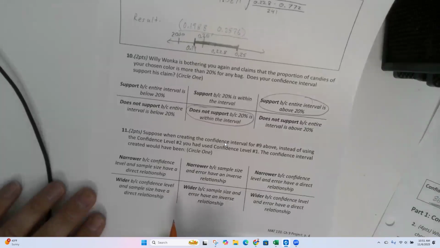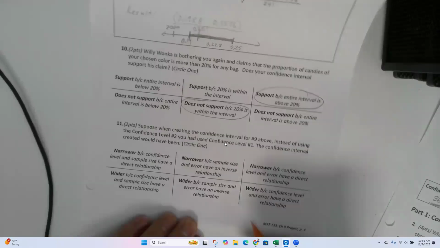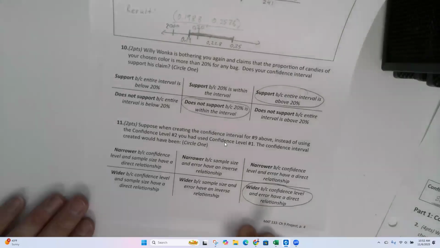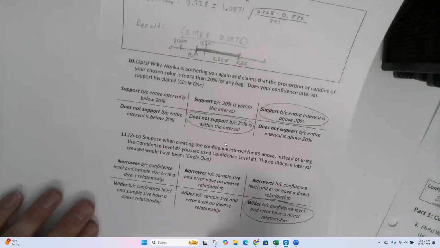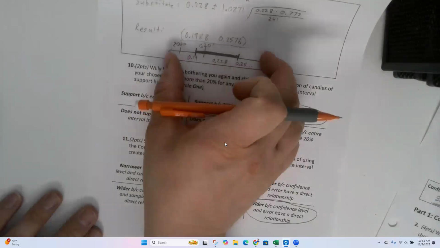It would have been wider because the confidence level and the error have a direct relationship. If I had been more confident, then that means I would have had to look at a wider range.